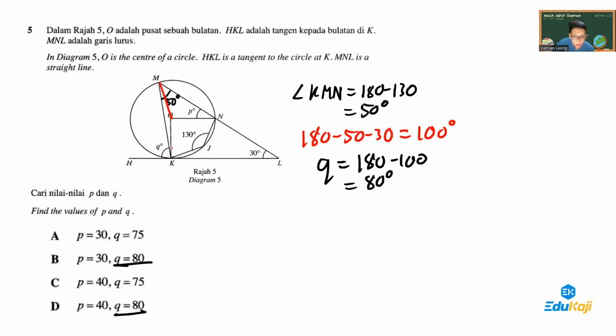Okay, I know this is 90 degrees because radius and tangent line, radius and tangent will form 90 degrees. And I also know, just now I found here is 100 degrees. Here is 90, here is 100, means this is 10. This side will also be 10 because these two lines are the same length, radius and radius. So isosceles triangle. So these two lines are also the same. So 50 minus 10, 40. So it's 40 here and 40 here, means P must be 40. So answer D.